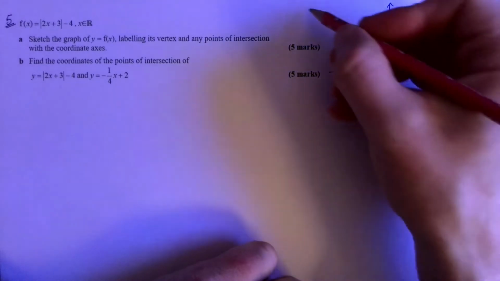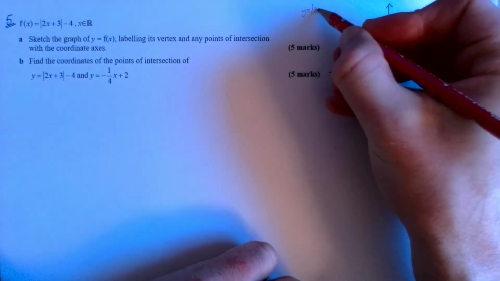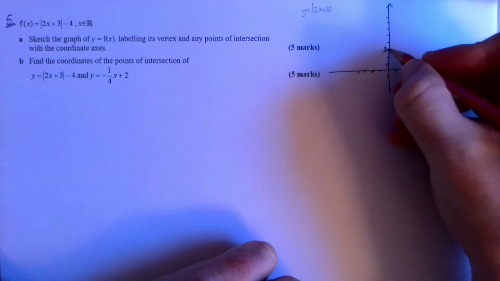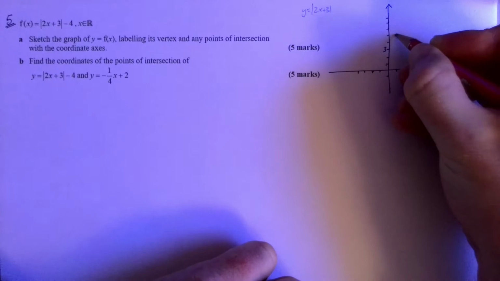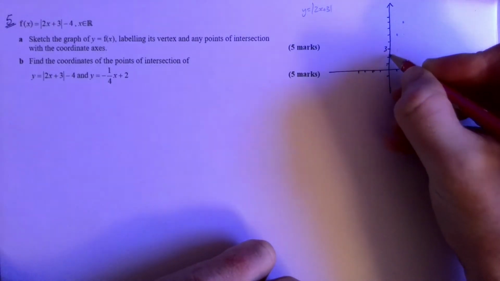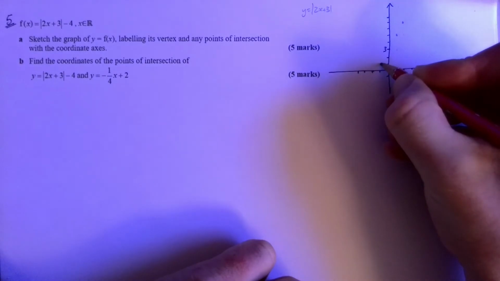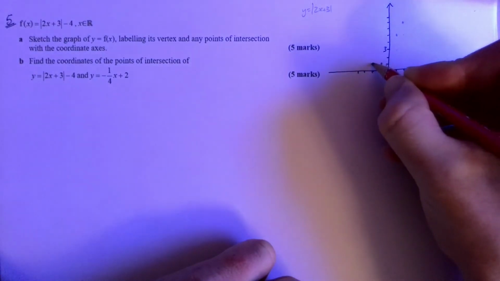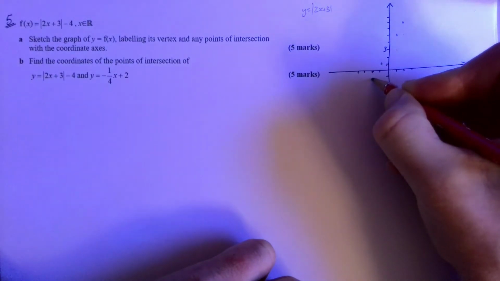I'm just going to do y equals 2x plus 3 first of all. So I know that starts there, and I'm just going to use what I know about gradients. Along 1, up 2, along 1, up 2, then back across 1 and down 2, back across 1 and down 2 would take me to there.